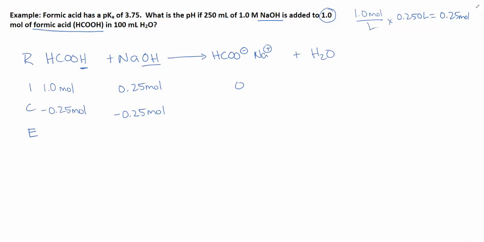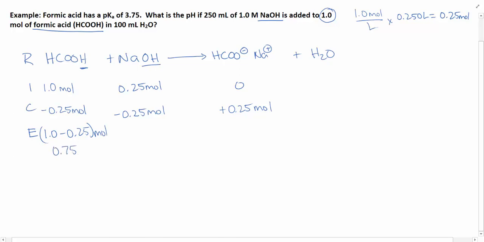If we have minus 0.25 over there on the right, we need to have plus 0.25 since the stoichiometry is 1 to 1. And thus at equilibrium we have 1.0 minus 0.25 moles, so that is 0.75 moles. At equilibrium, we have no strong base left, it's all reacted.